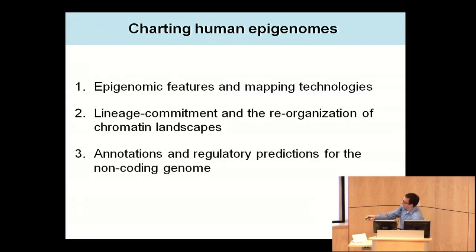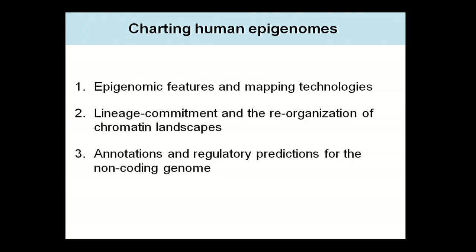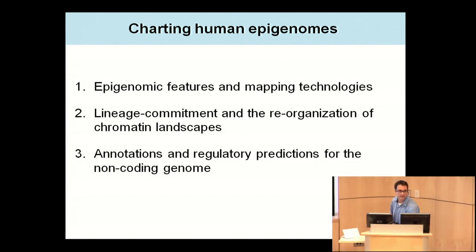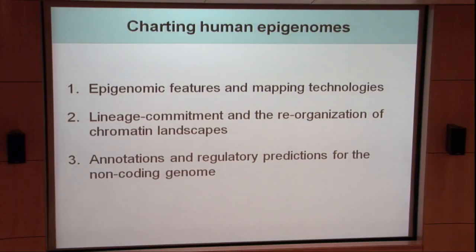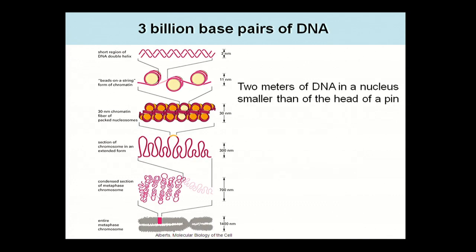And I'll then talk about a very recent story where epigenomic maps have been useful for annotating and making regulatory predictions for the dark matter, the non-coding portions of the genome that are really illuminating entirely new frontiers. And this as well, I think, will impress upon you why this is going to be so useful for the community of biologists and disease researchers.